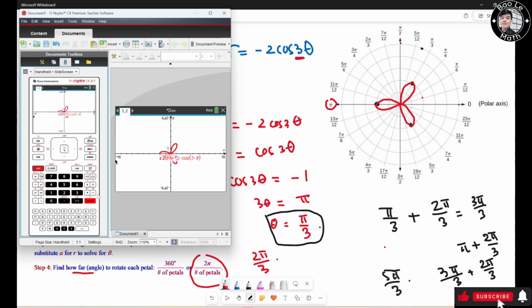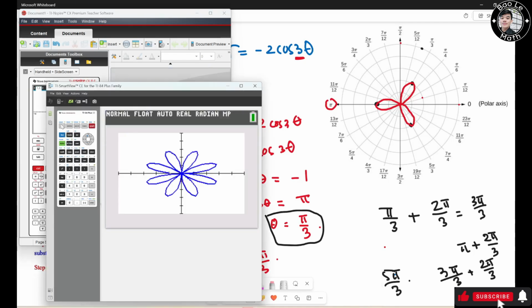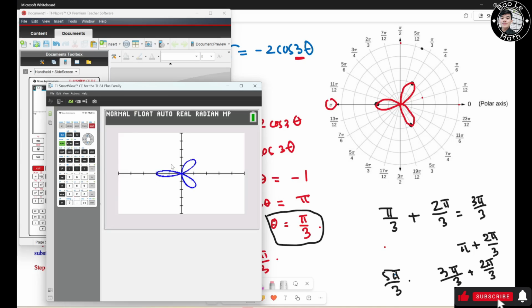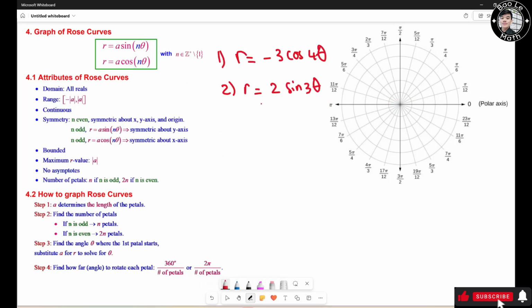Now you just hit enter. It's going to be right here. If you use the TI-84 plus CE calculator, you do exactly the same thing. Hit y equals, hit negative 2 cosine 3 theta. You hit graph, it's going to be right here. Now here's 2 problems for you to practice, and it's your time to stop.